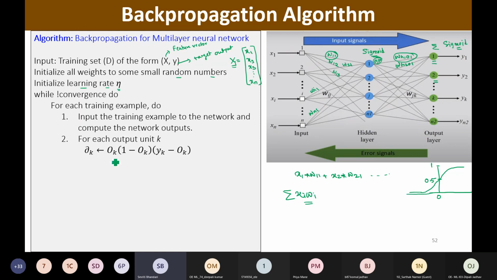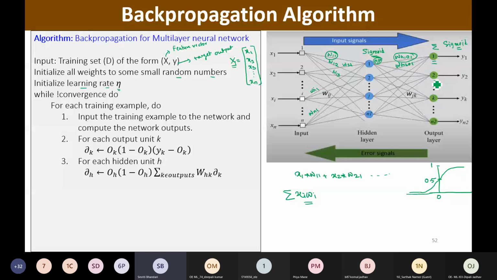And for each hidden unit h, we are computing del h as Oh into 1 minus Oh, summation over k belongs to outputs, Whk del k. So del k is computed for every output neuron. That del k is used while computing del h, along with these weights.